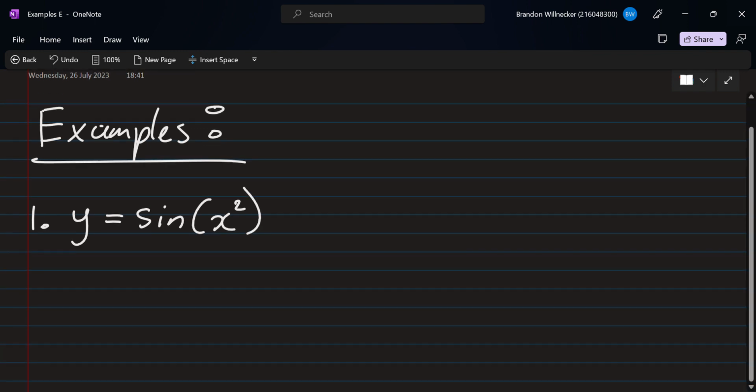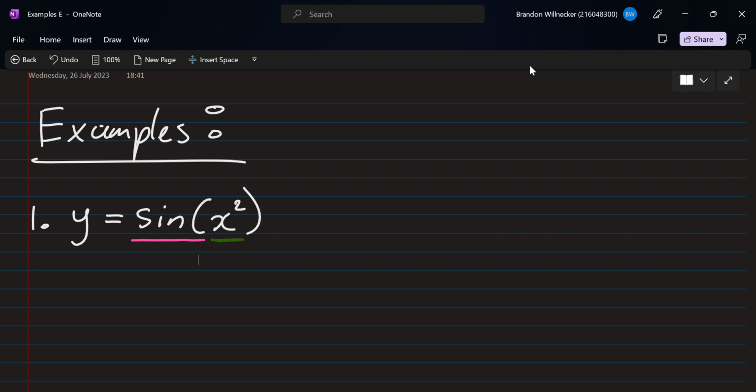Okay, so we'll go through this slowly at first. So here we've got this outside function, sine. Okay, that's the outermost function we can see. And we've got this inside function, x squared. Okay, so it's literally inside that other function. Okay, it's the argument of the function.